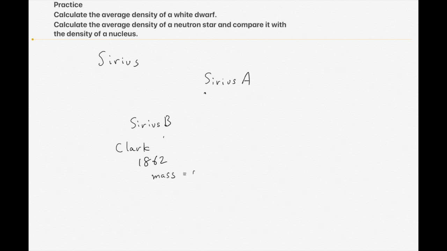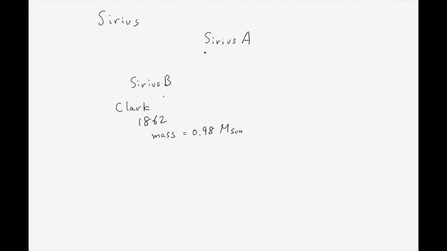Actually, it's 98% of the solar mass. The diameter of Sirius B is about 12,000 kilometers.